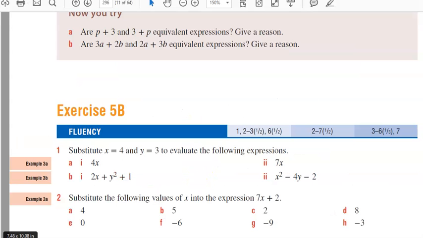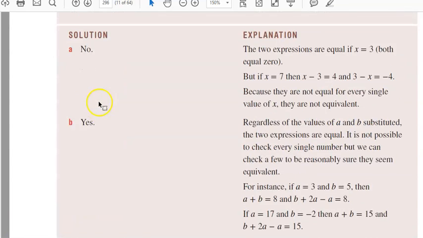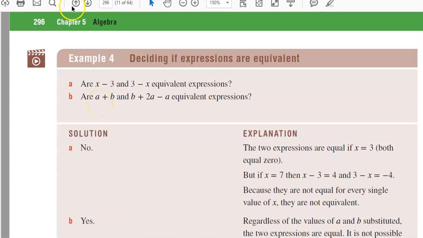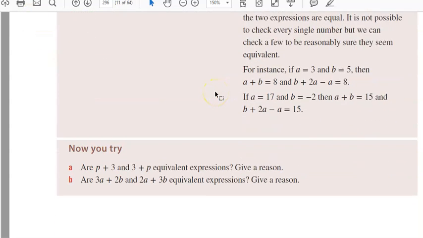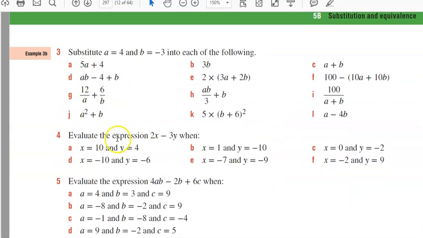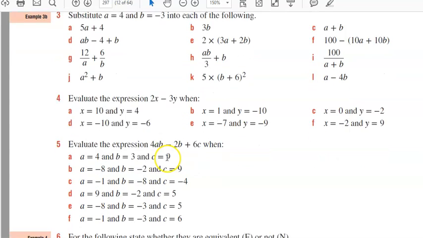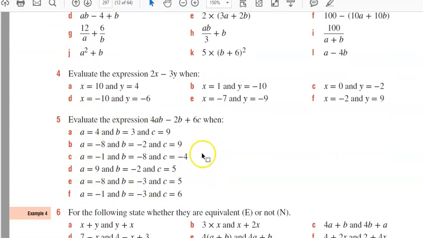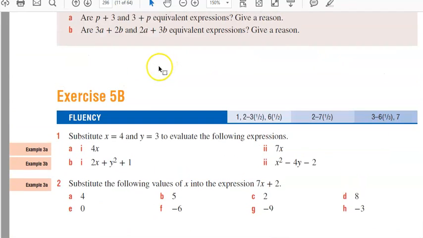Alright, here are the textbook questions. If you have the textbook at home, or a digital version of it, we're looking at page 296. Exercise 5B starts there. The questions you'll be doing are 1, 2, 3, 4, and 5, all left-hand side.